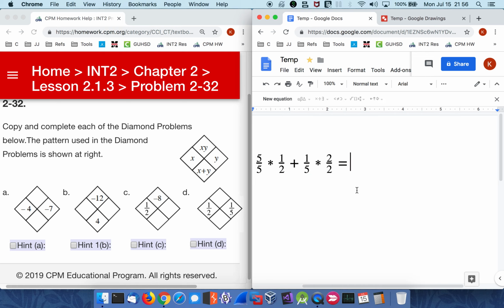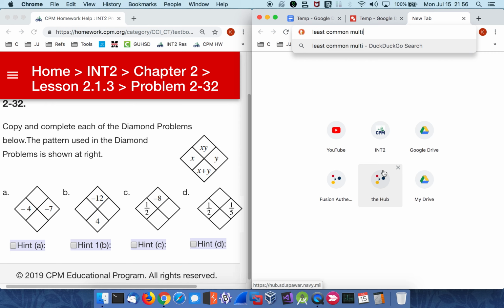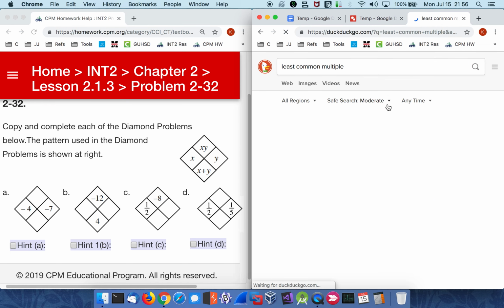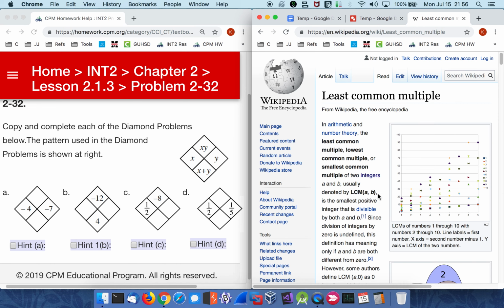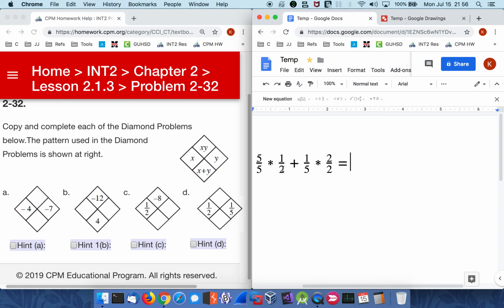The least common multiple is the smallest common multiple of two integers, the smallest positive integer that's divisible by both a and b. It's well known, so you can read about it on Wikipedia. But basically, for prime numbers, it's usually going to be this number times this number.